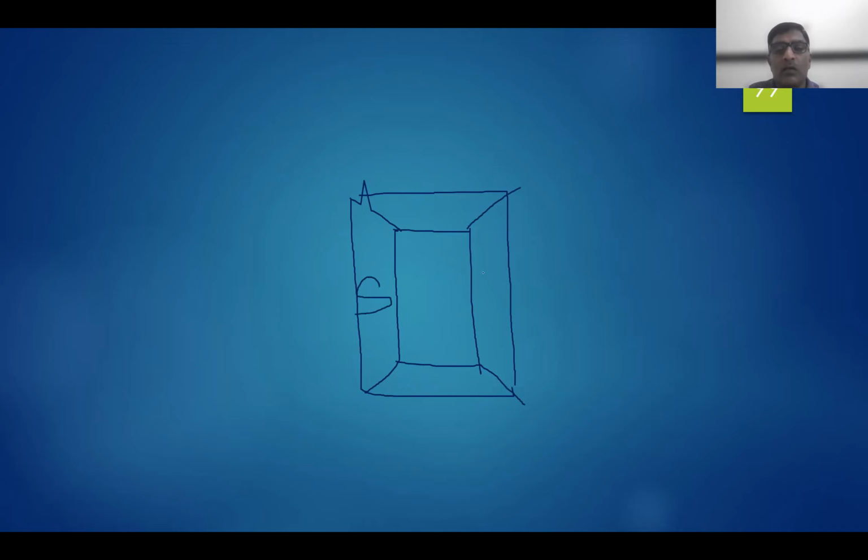This one is sun gear, this one is sun gear, this is planet gear, this one is planet gear. Now this planet gear, you can see here we have seen 220 RPM, here 180 RPM.